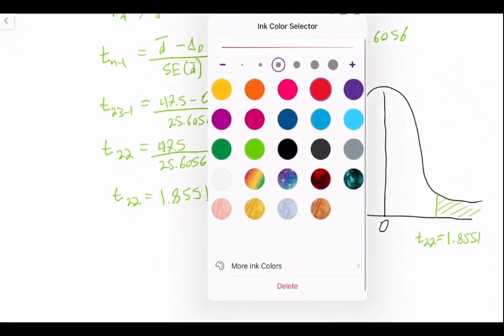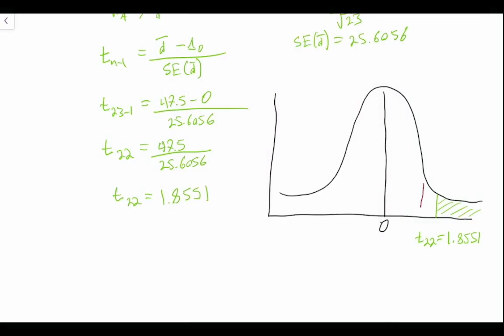So we can put this on our graph here. So this is t star, and this is 1.717. So therefore, the probability that t is greater than 1.8551 is going to be less than the probability that t is greater than 1.717.